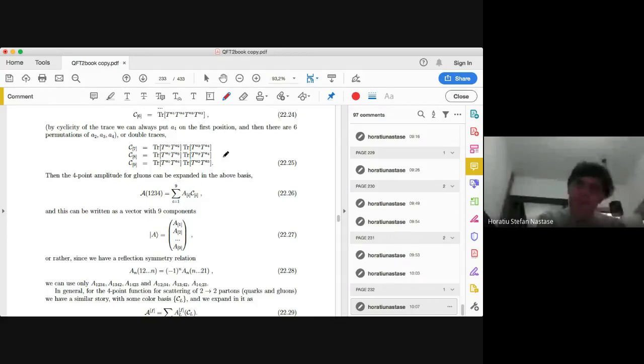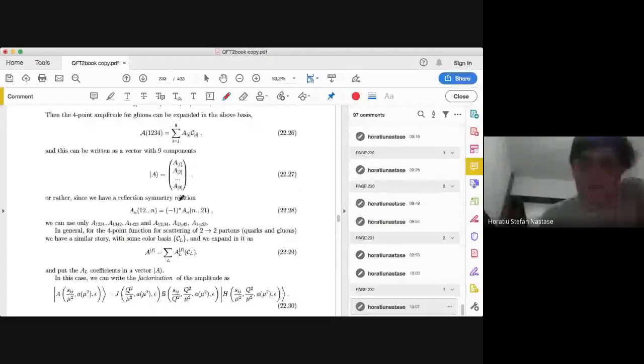And the double trace doesn't work, because reversing it does nothing to it; I go back to the same. So it's actually a column vector with 6 components, the ones given here.